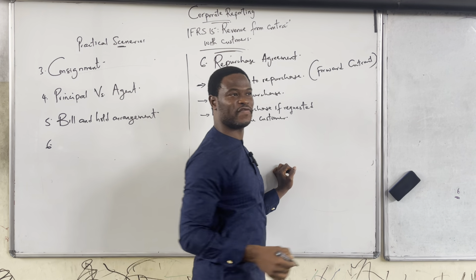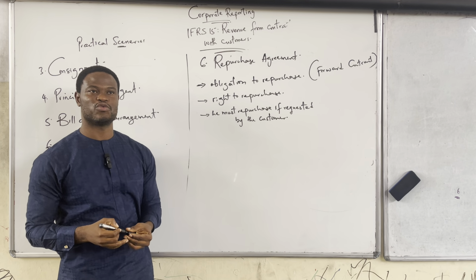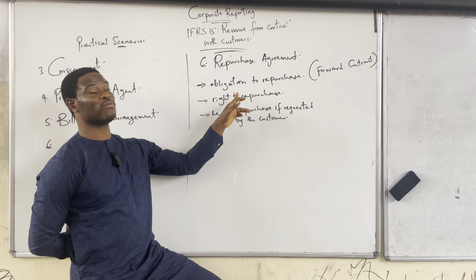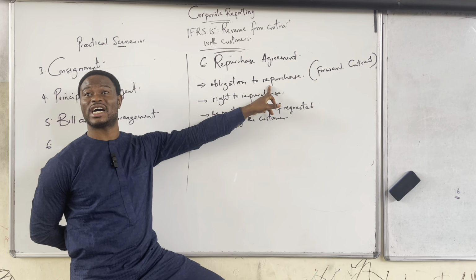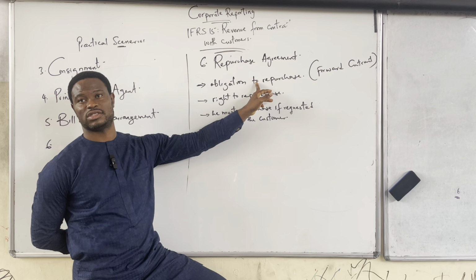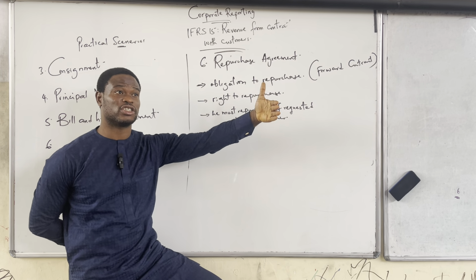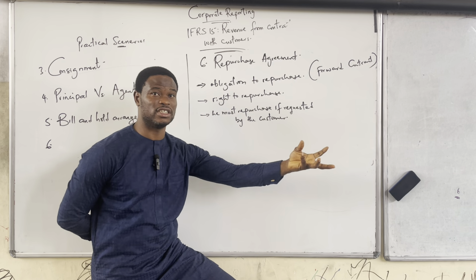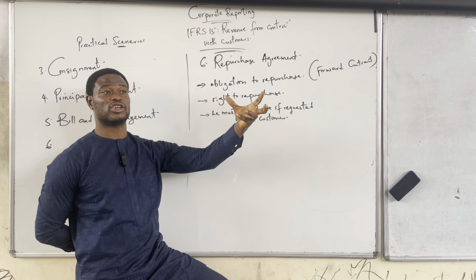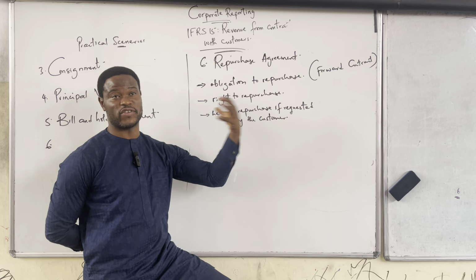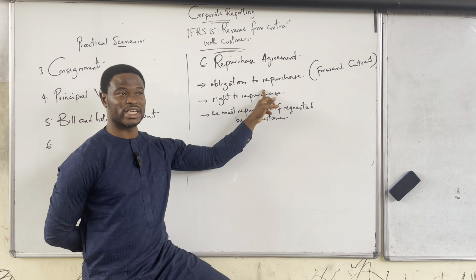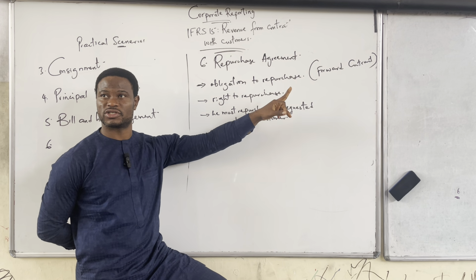You have entered into a forward contract with someone. You have an obligation, otherwise you will be breaking that contract. At a future date, I will deal. Obligation to repurchase, forward contract.